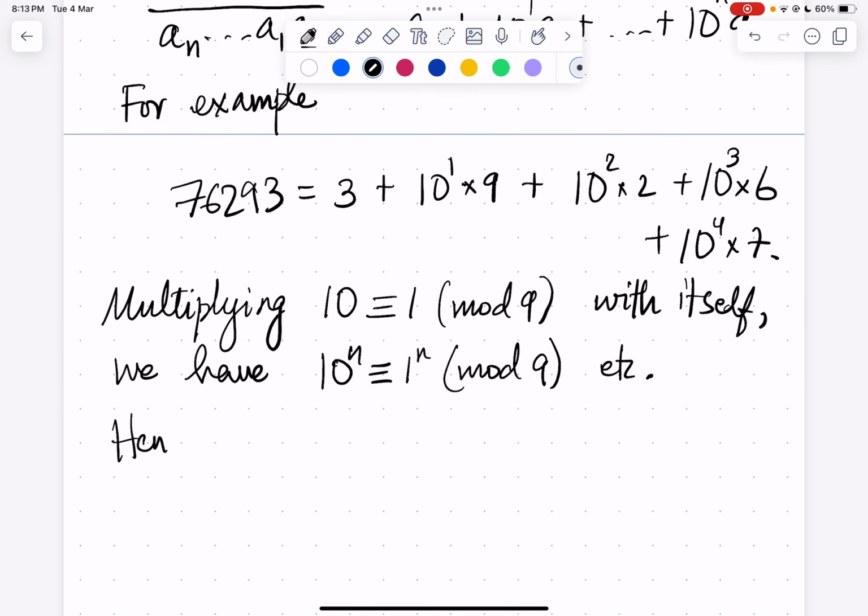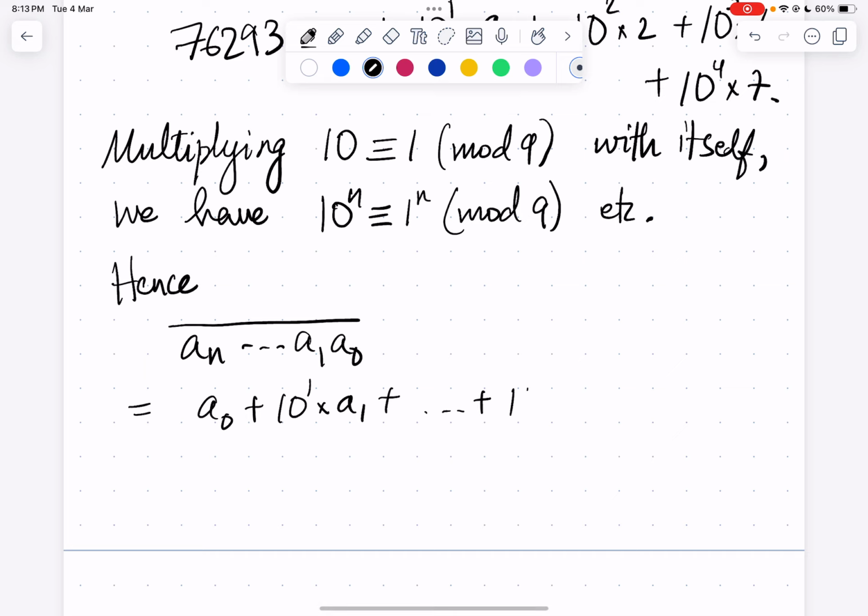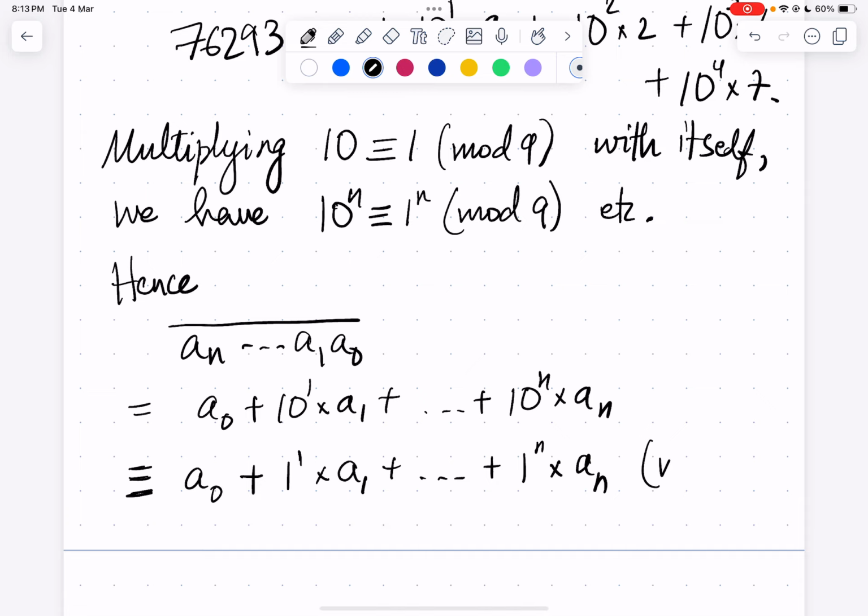Hence the n-digit number, which is a0 plus 10 to the power 1 times a1 plus so on till 10 to the power n times an, is congruent to a0 plus 1 to the power 1 times a1 plus 1 to the power n times an mod 9.